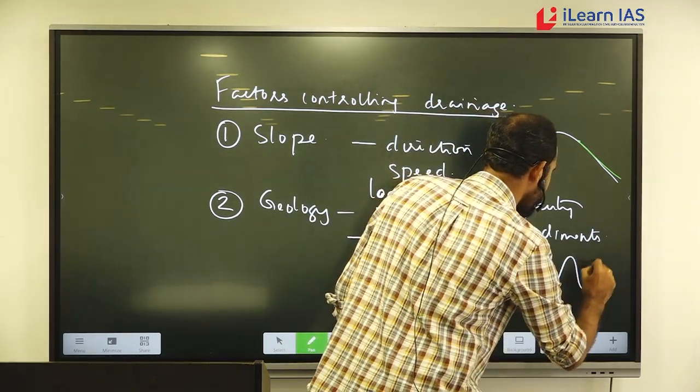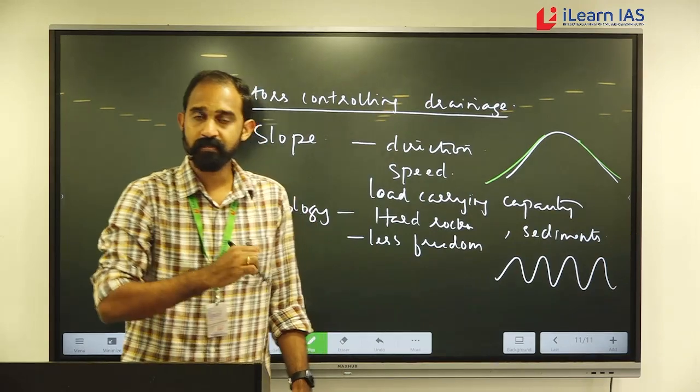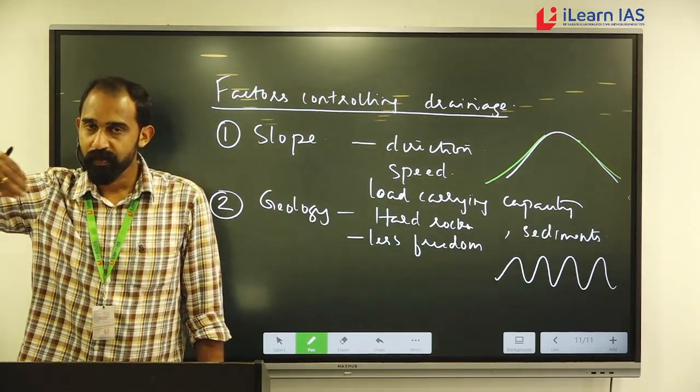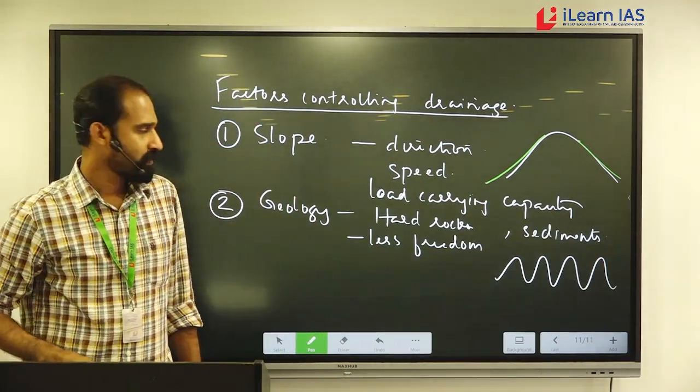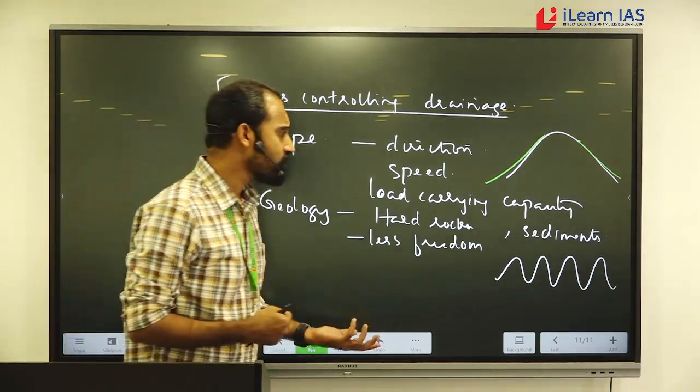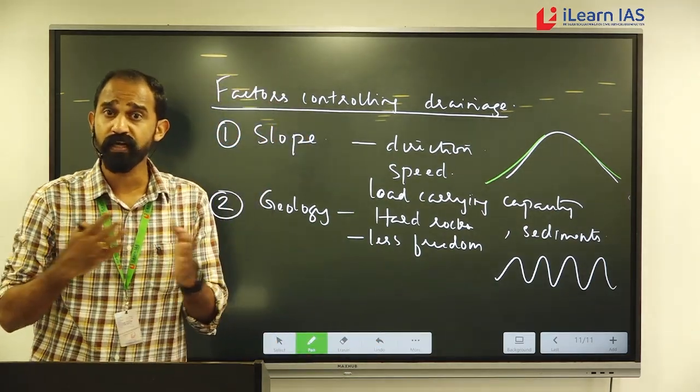Similarly, it can create meanders. It can flow with bends. Similarly, you can see that sometimes the river will also shift its course.